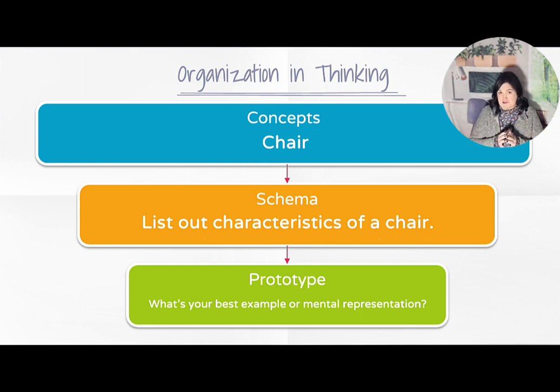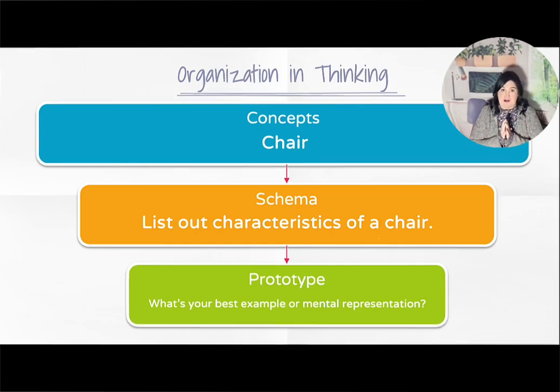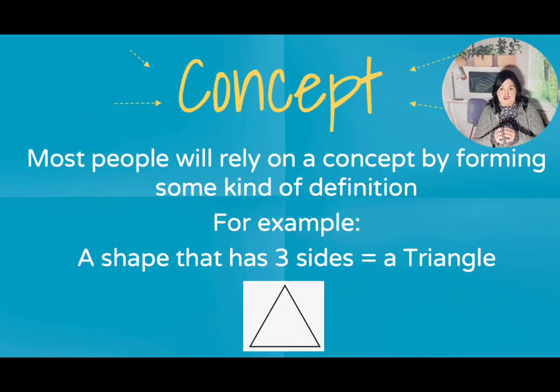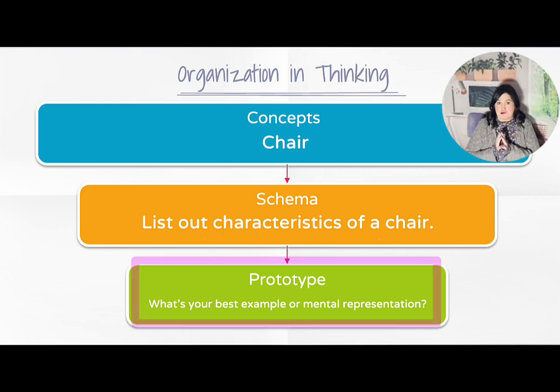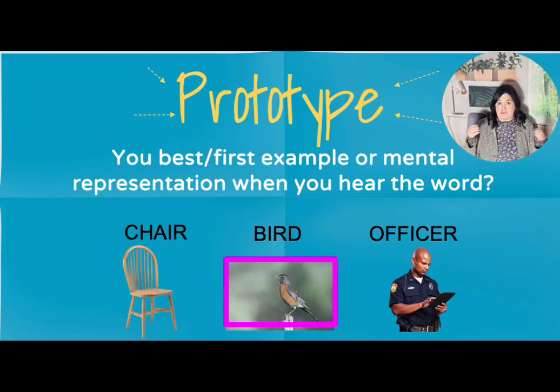So in the development of concepts that we form, most people rely on forming some kind of definition. For example, a triangle is a shape that has 3 lines for sides. Bam, you get it. But most of you form concepts by a mental image or the best example, what we call our prototype. For example, a robin might be the prototype of a bird, but penguin or ostrich really isn't.